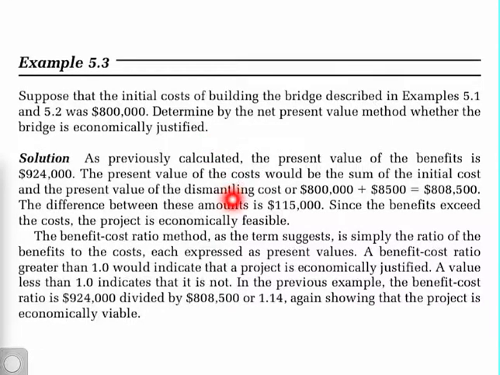We previously calculated the present value of the benefit, which is 924,000 US dollars, and the present value of the cost would be the summation of the initial cost and the present value of the dismantling cost. So the total is 800,000 plus 8,500.